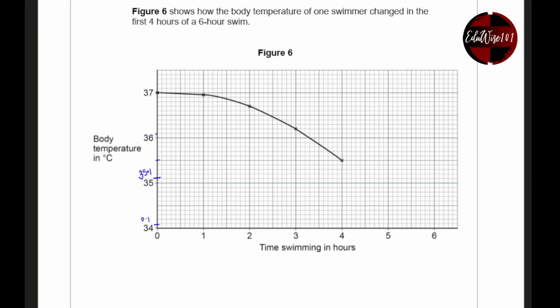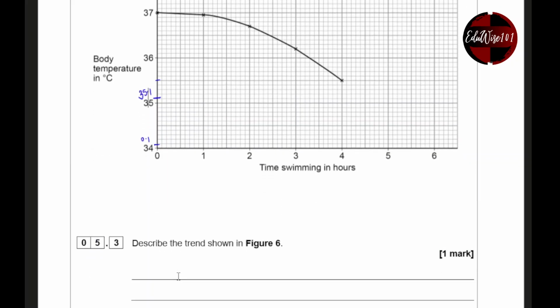So describe the trend shown in figure 6. What's actually happening here? As the time swimming in hours increases, the body temperature in degrees Celsius decreases.